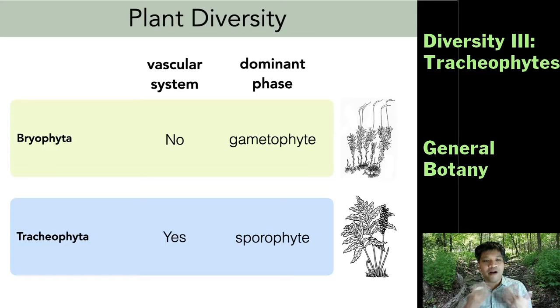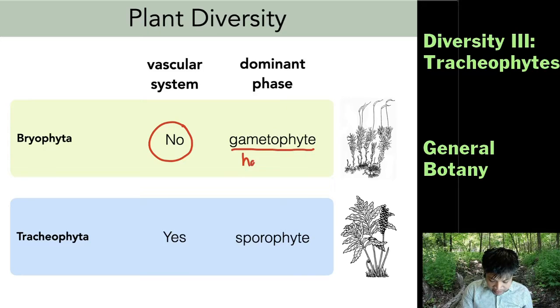We get to know more about bryophytes and algae. Bryophytes are different from the rest of the plant kingdom for not having the vascular system, and most of the plant you see is in the gametophyte phase. This phase has the haploid chromosome number, only one set of chromosomes, and is mostly there to produce gametes. If I draw here, most of this is gametophyte, and only this part is sporophyte.